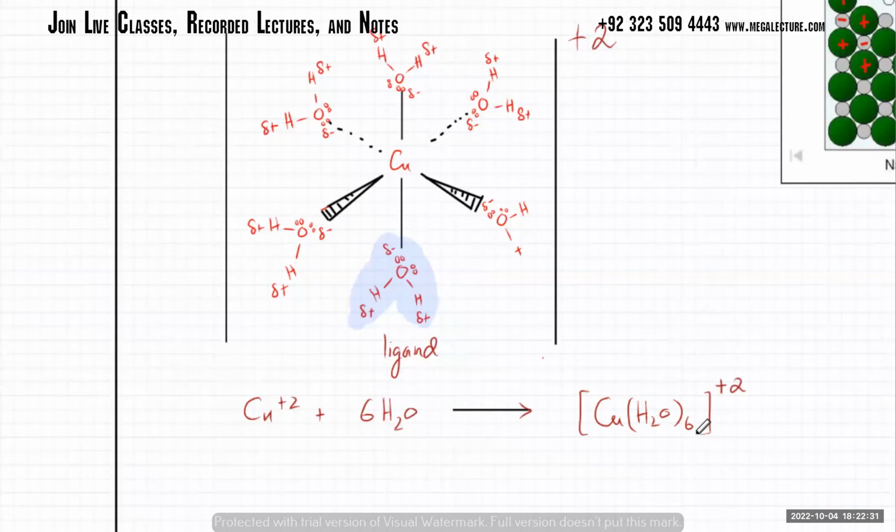That's a hexa aqua copper 2 complex. So naming is not that important. Hexa aqua copper 2 complex. Aqua simply means that it's got 6 water molecules.